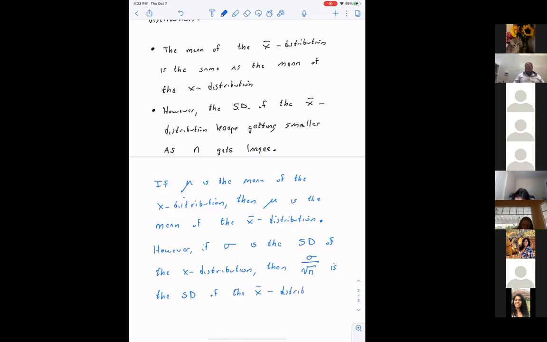And I say this with no proof. I say this just as a fact. The standard deviation of the X bar distribution is the original standard deviation divided by the square root of the sample size.